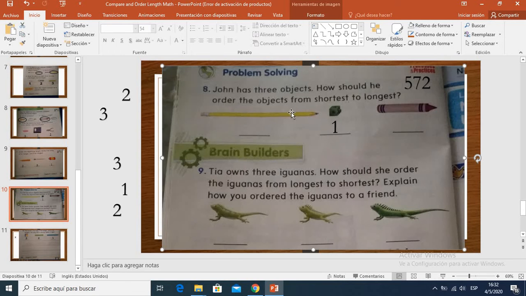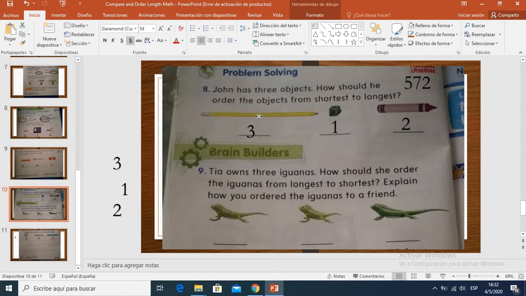But now let's compare only the pencil and the crayon. We need to follow the measure of the Lego piece. The crayon, very good. So the crayon will be the number 2. And we write the number 3 for the pencil.